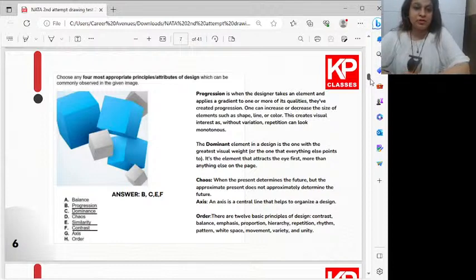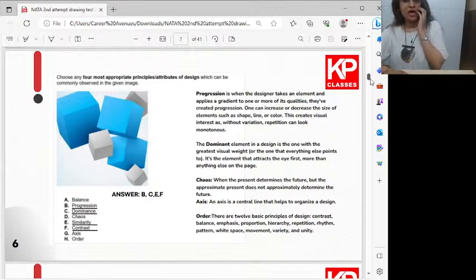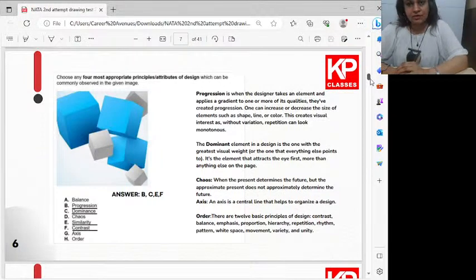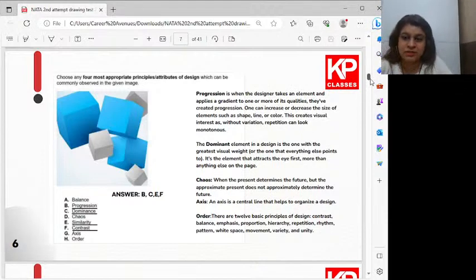Then you have dominance over here. So the dominance element in a design is the one with the greatest visual weight. Okay, so you have a comparison over there. Certain cubes are bigger in size and certain cubes are smaller in size, right?